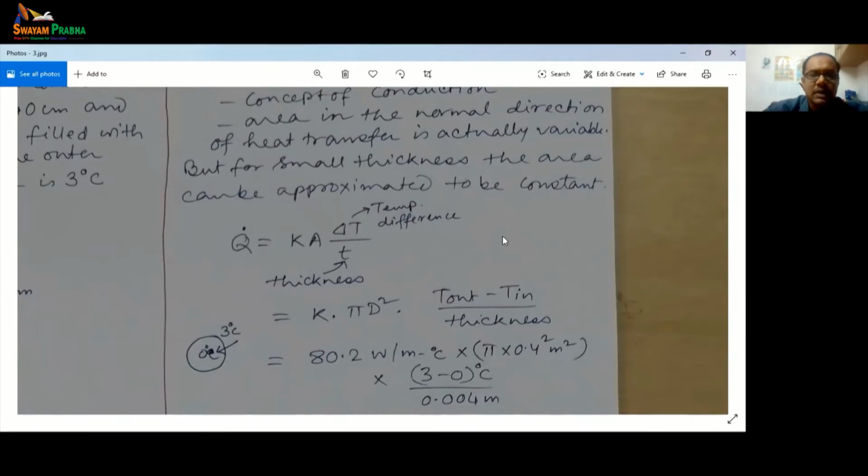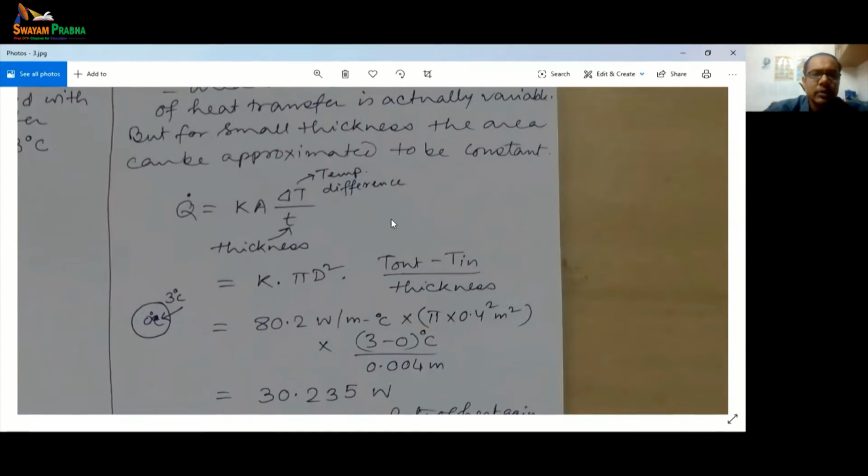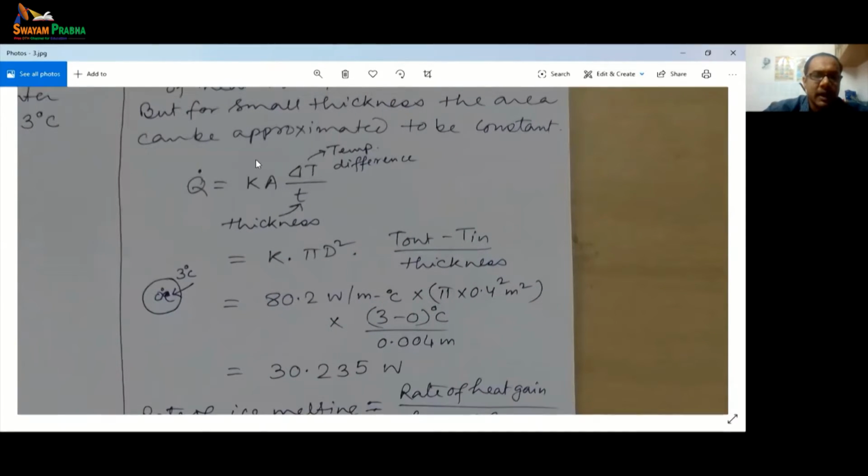Okay, so this area we are going to use for heat transfer, and this Q dot, that means the rate of heat transfer, you know from your high school knowledge, will be the conductivity K multiplied by the area perpendicular to the direction of heat transfer.